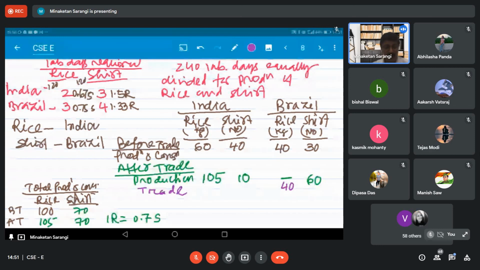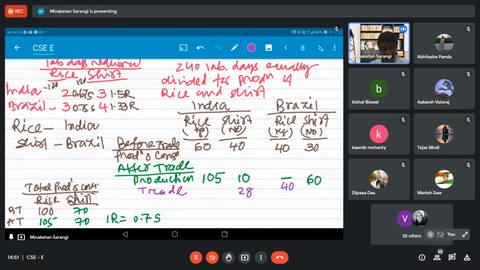1 R is equal to 0.7 S. So 1 R is equal to 0.7 S, and 40 R will be 40 multiplied by 0.7, which is 28 sats. So in exchange, it will give 28 sats. What is the total production of sats available for India? 10 and 28, but India requires 40.